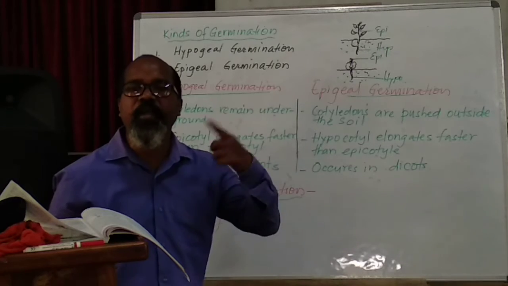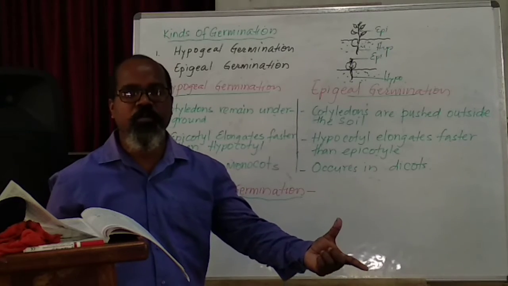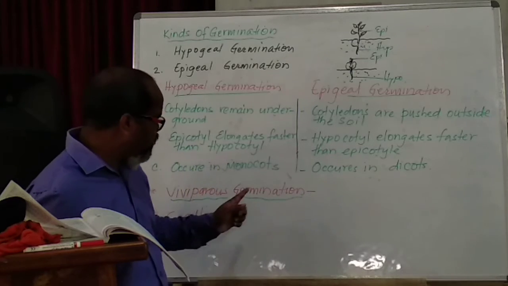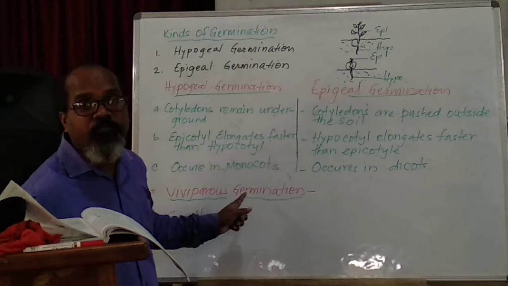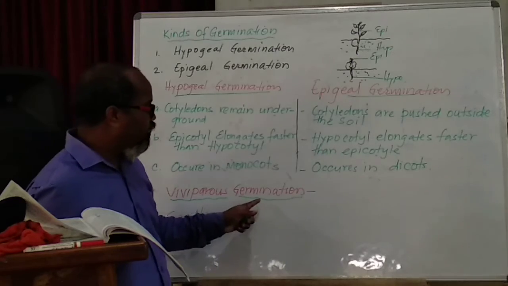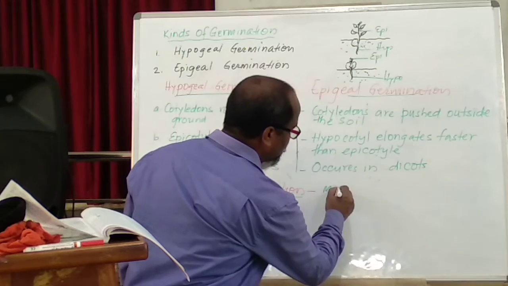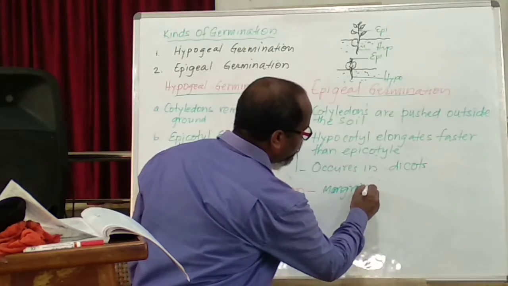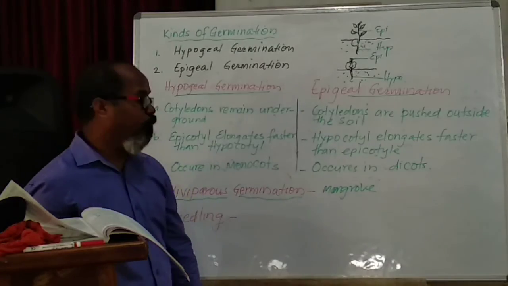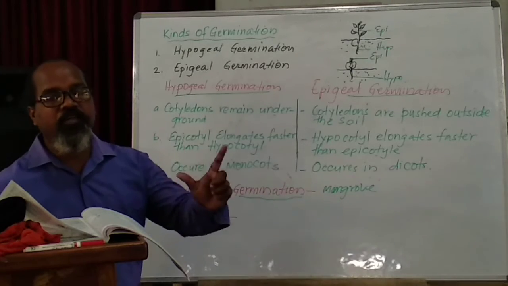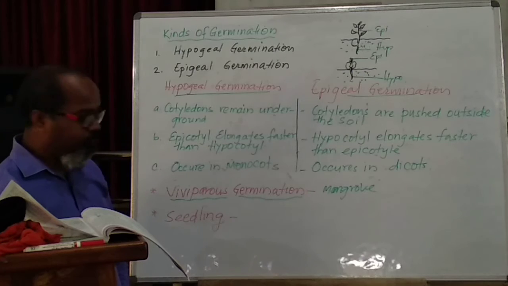The seeds remain inside the fruit and the seeds germinate inside the fruit itself. This is what is called viviparous germination. An example is some mangrove plants. We find that seeds germinate inside the fruit itself.